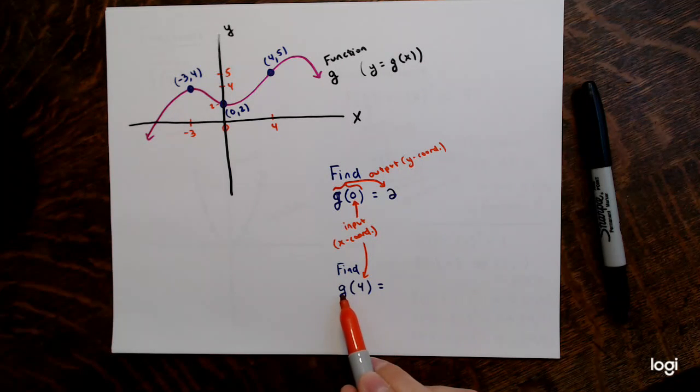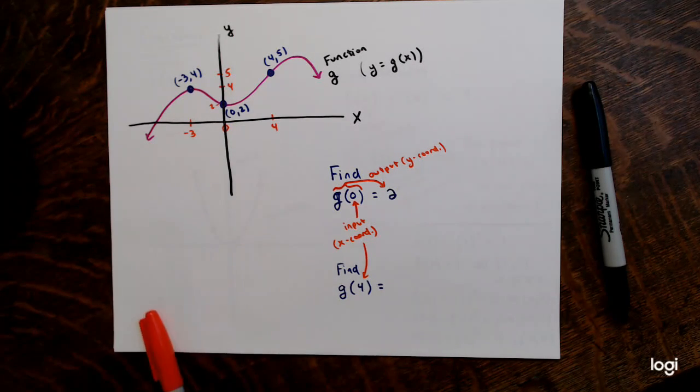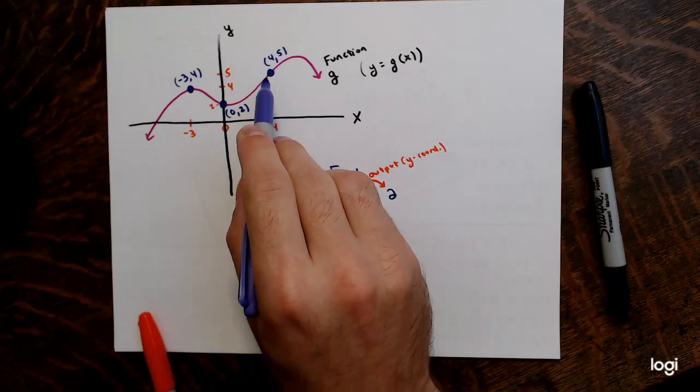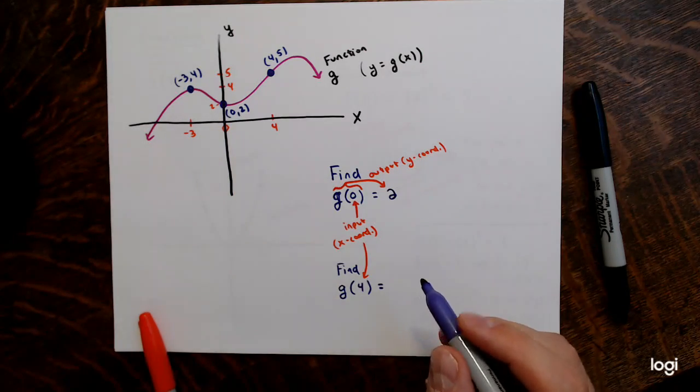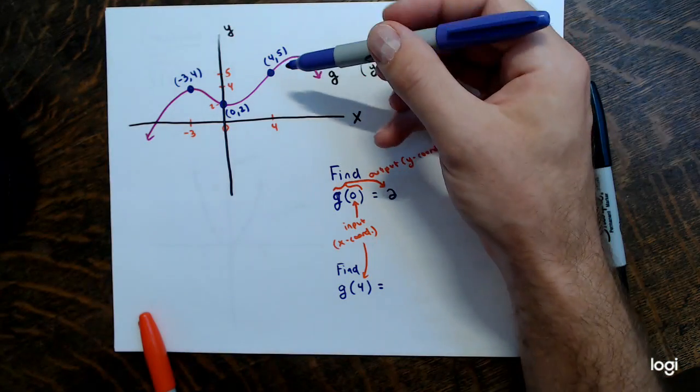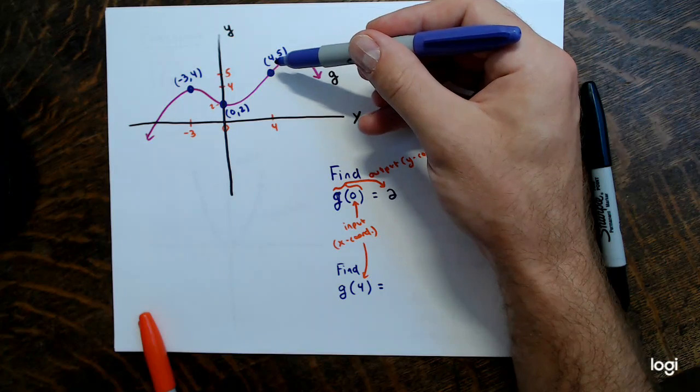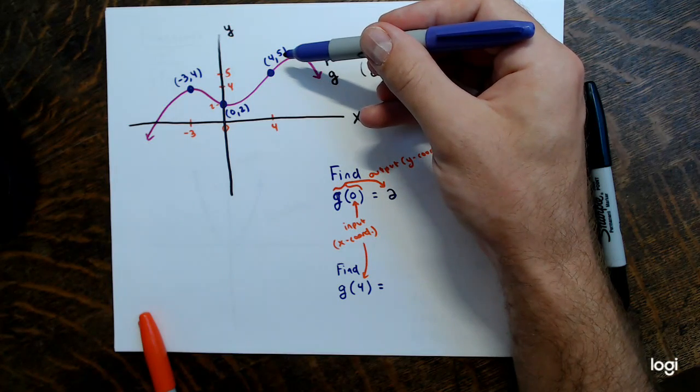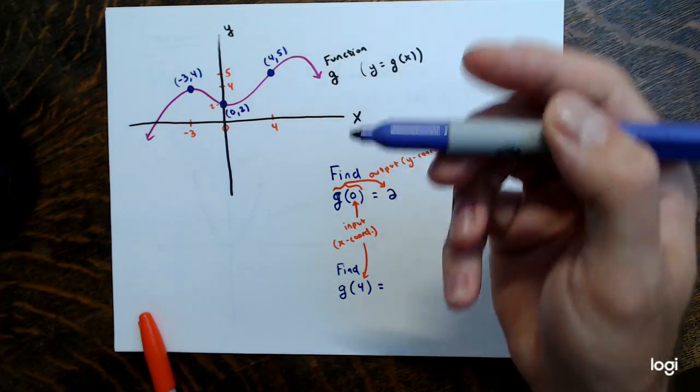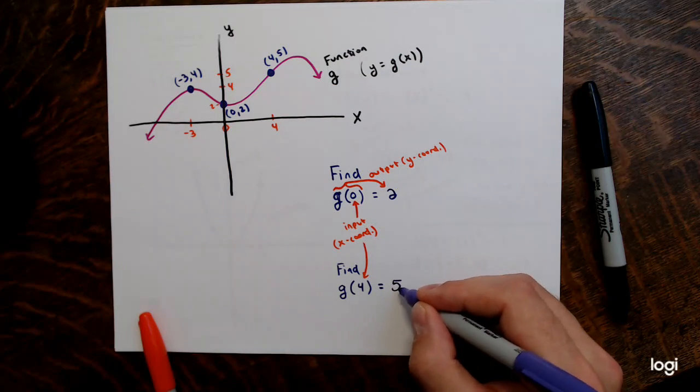What's g of 4? It's the y-coordinate when the x-coordinate, or the input, is 4. And looking at my picture, I have 4 comma 5. So here's x-coordinate 4, and then the y-coordinate is g of 4. So the answer to that one would be 5.